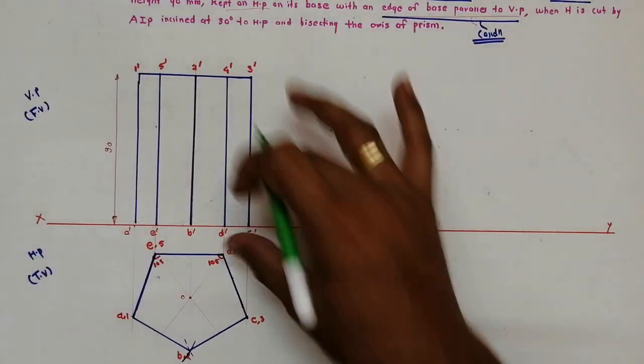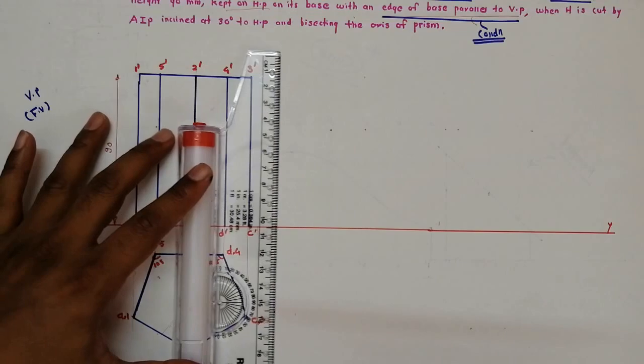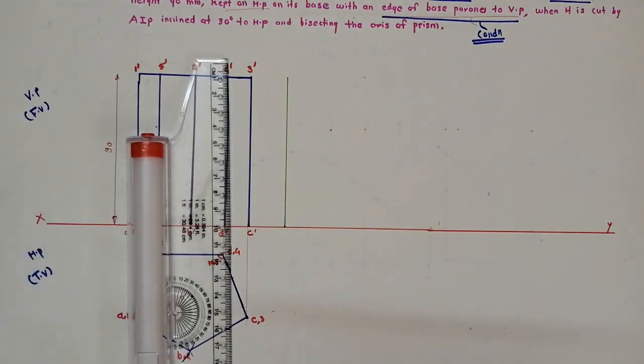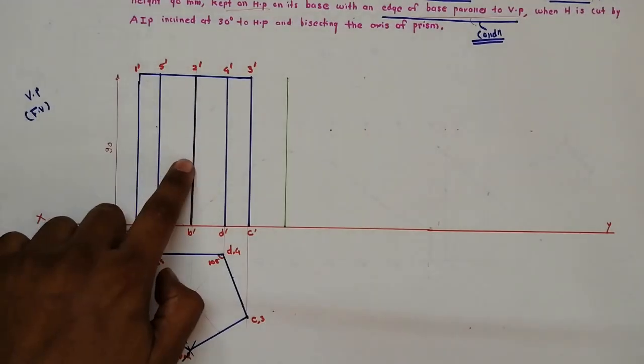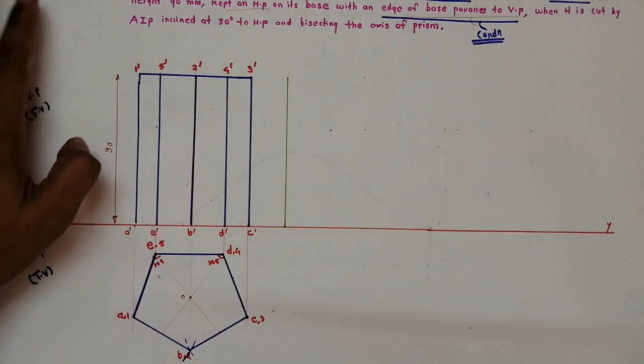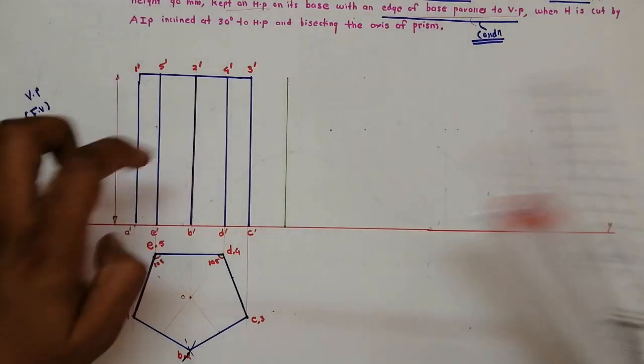Okay, so after constructing this, now we will construct its basic development. The second step is constructing the basic development. Since this is the problem of a pentagonal prism, the development of a prism is by the parallel line development. So we have to take the parallel line.